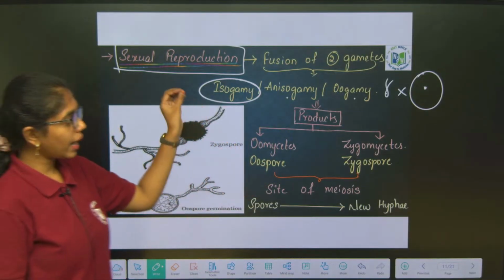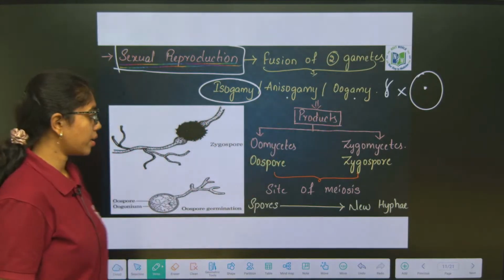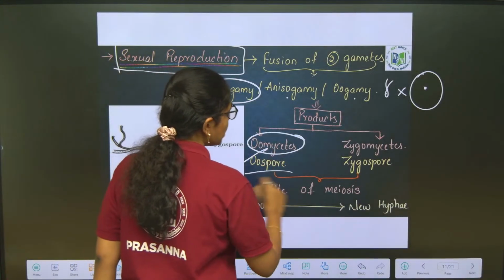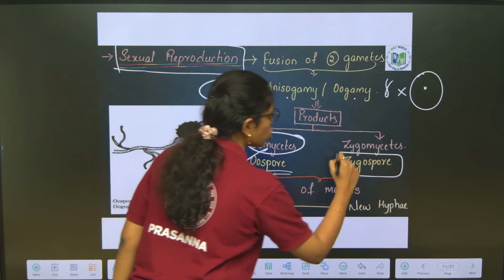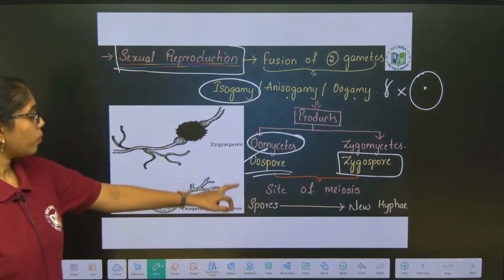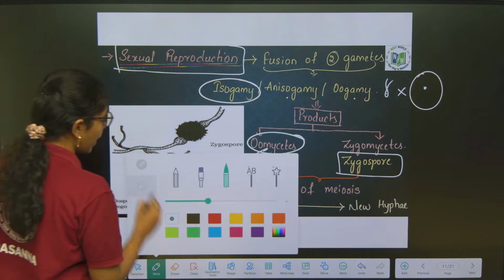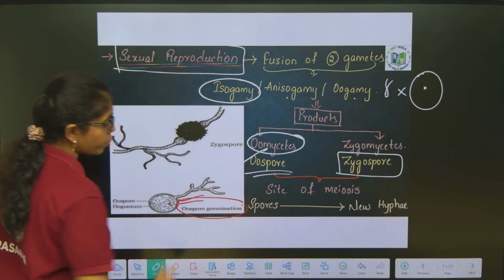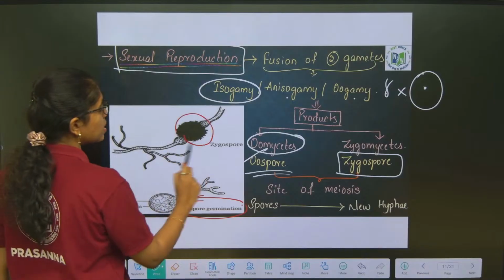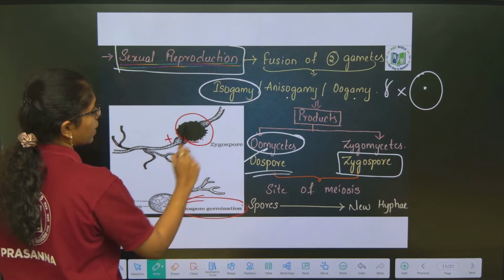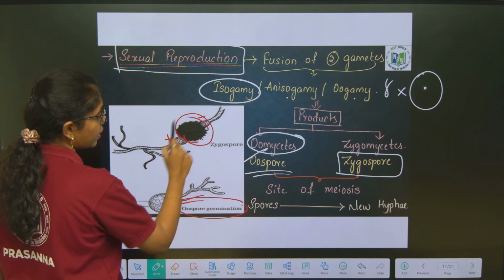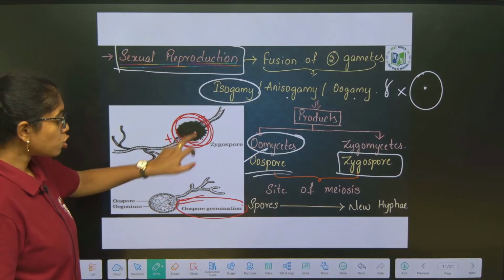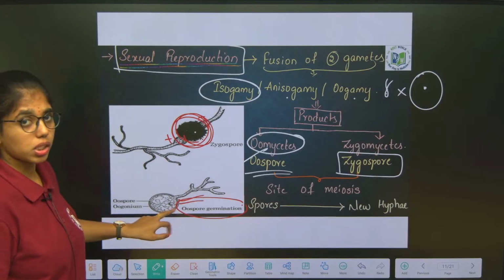Products after any of these 3 types of sexual reproduction: in oomycetes, oospore is formed; in zygomycetes, zygospore is formed. Here you can see oospore germination, and this is zygospore. See, compatible strains after mating form what? Zygospore in zygomycetes. So this will be the site of meiosis.